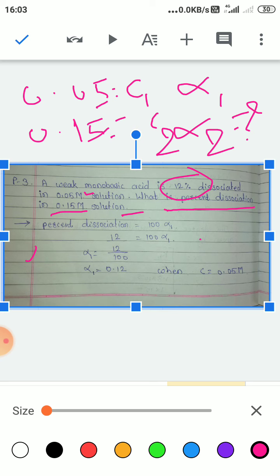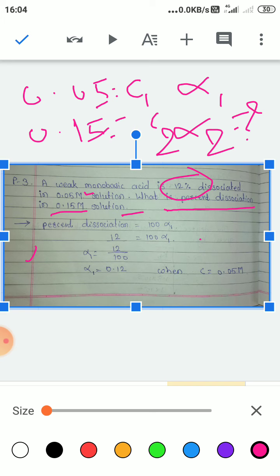Okay, now see, first write down the formula for the percent dissociation, which is equal to 100 into alpha 1, because we have been given percent dissociation for the first solution. Therefore we put there 100 into alpha 1 and put the values of percent dissociation. We will get the degree of dissociation for the first solution.